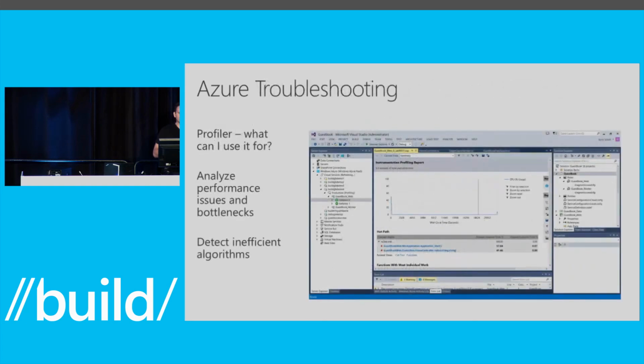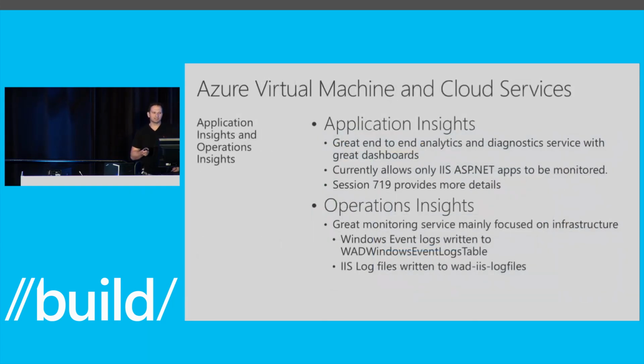There are a couple other things. As I mentioned, Application Insights is great end-to-end analytics, a diagnostic service with great dashboards. There's going to be a great session on Friday, and I highly encourage you to go there because it's very insightful, and see what this team is up to, and they've done a really great job there.